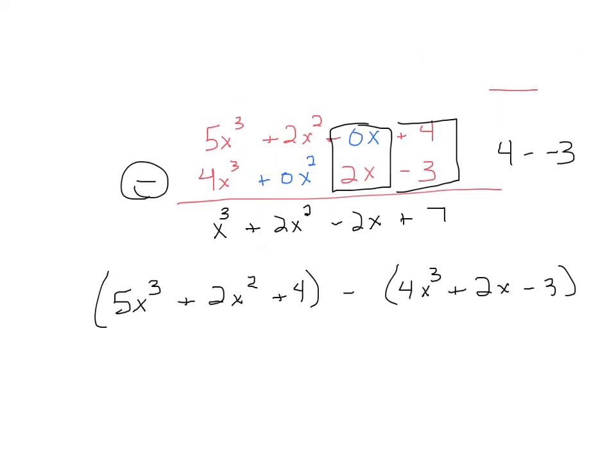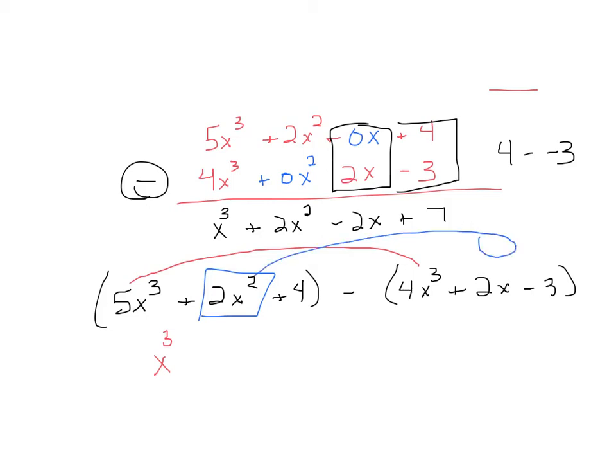If you want to do it horizontally, the way you might do this is, again, find the common terms. So 5x cubed minus 4x cubed is 1x cubed. And then when you get to the 2x squared, you realize it doesn't go with anything over here, so we would just leave it alone and write the 2x squared.